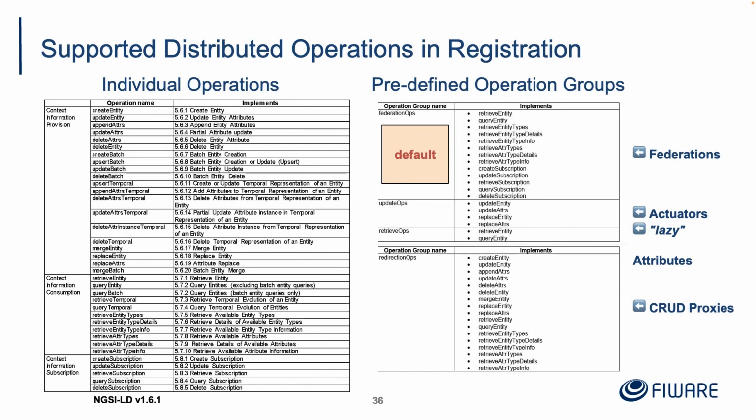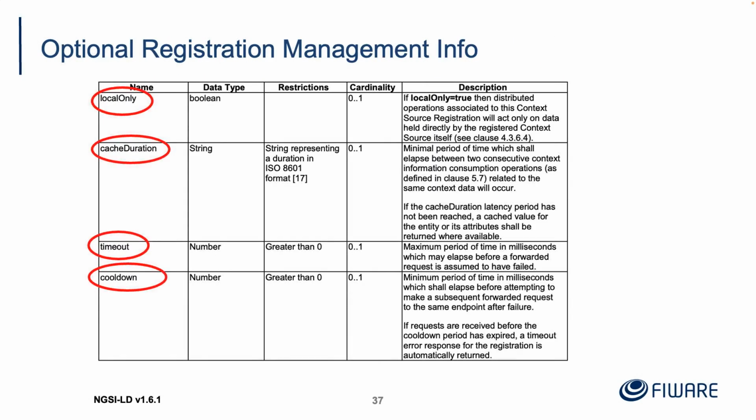Obviously, if you have a situation where you need a mix of these, you can just add them in as a comma separated list. Local only, I mentioned that briefly. There are various other things which the optional registration management info can do. It says, okay, we can do things like caching or avoiding sending information if necessary.